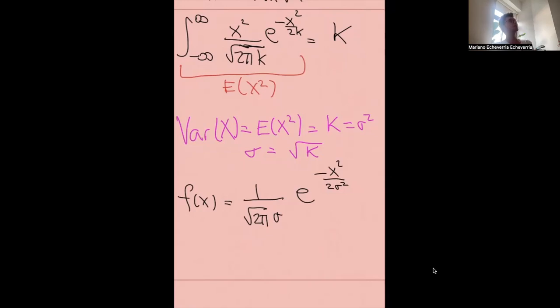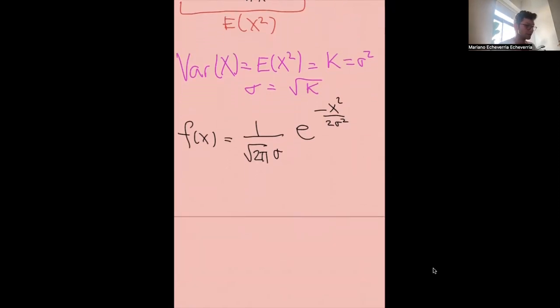In fact, you can keep using this differentiation trick, and that gives you a formula for the even moments, which we won't use, but it's nice to at least write it. So with this Feynman trick, you can find the even moments pretty easily.